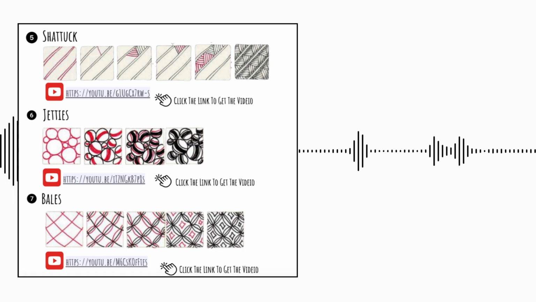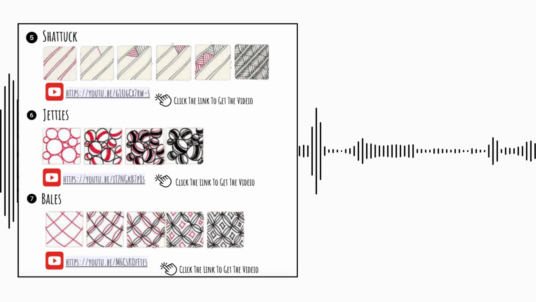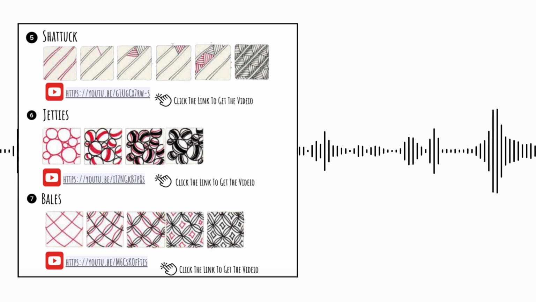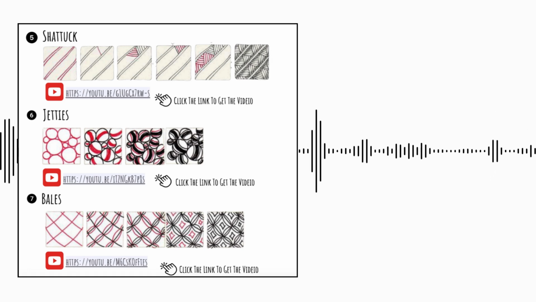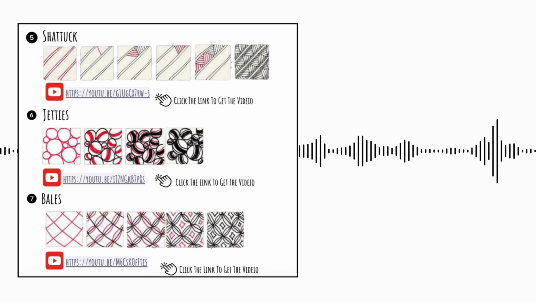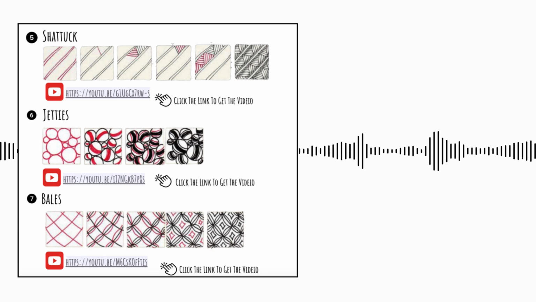So I think we've done a pretty deep dive here into Shattuck, Jetties, and Bales. It's amazing to me how each pattern has this unique construction and these different shading possibilities, and they offer such a different visual outcome.